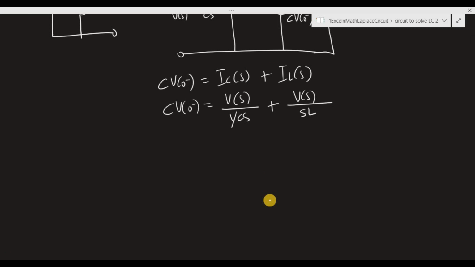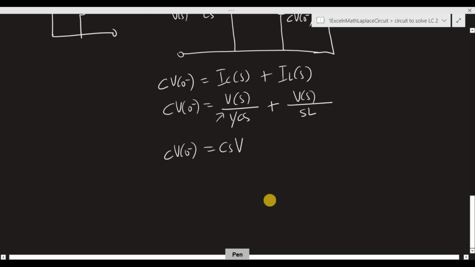Now CV0 minus equals, if we simplify this term here, we get Cs V of S plus V of S over sL.